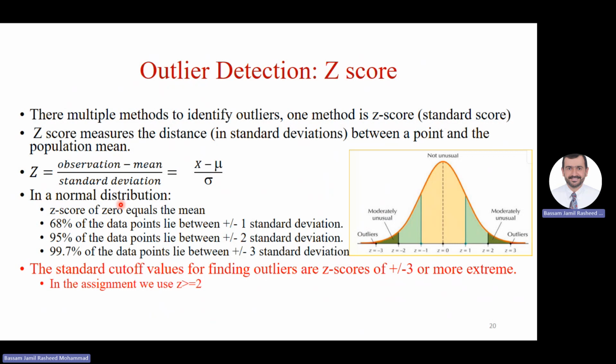In fact, in our assignments, we will use a z-score of greater than or equal to 2. We'll start investigating things if I'm outside the light green area. So we will accept the yellow, yellow, light green, but outside that, we have to investigate it or consider it straight as an outlier.